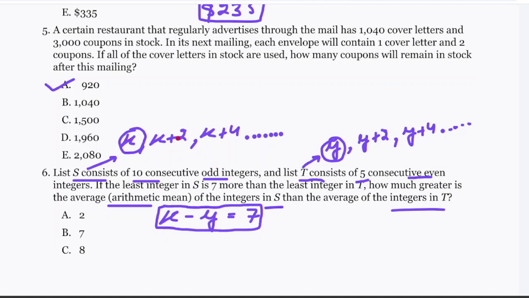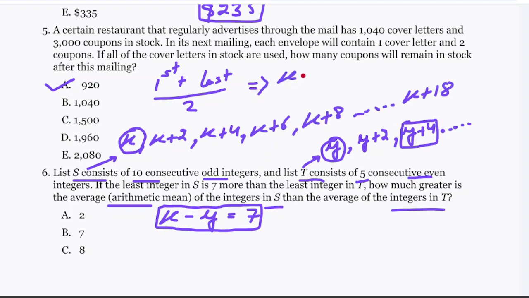That is the first term x plus the last term, divided by 2. The common difference is always the same in both cases. In S, x plus x plus 18, that is 2x plus 18 by 2, will be x plus 9.